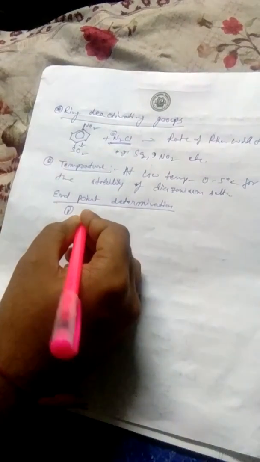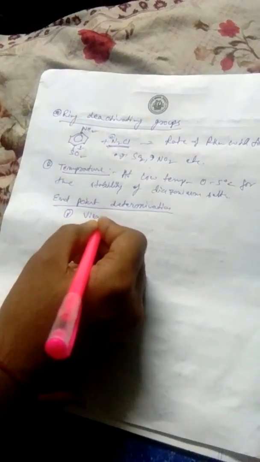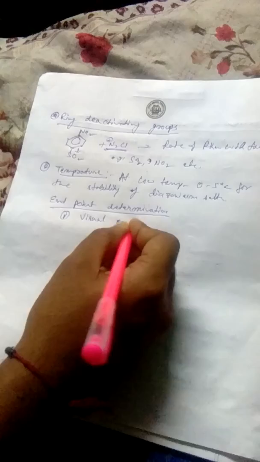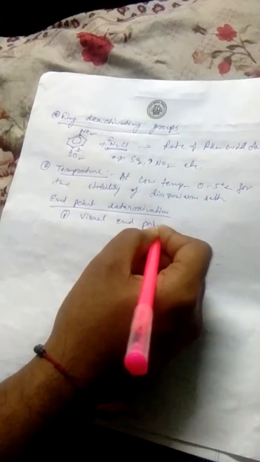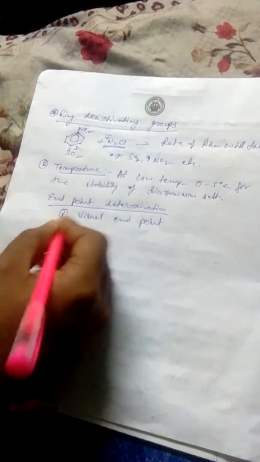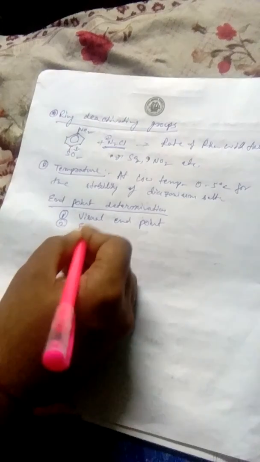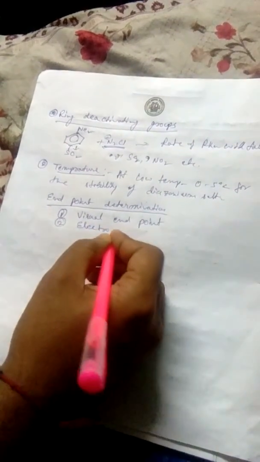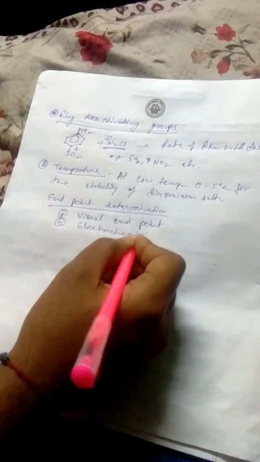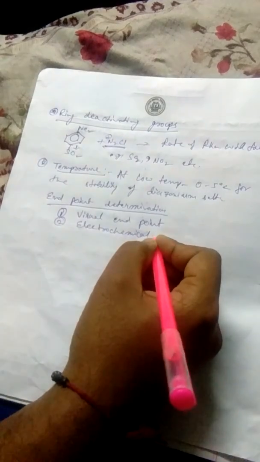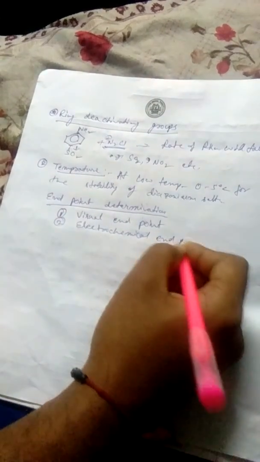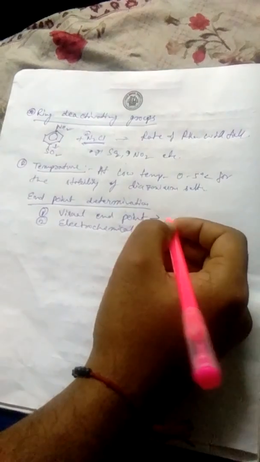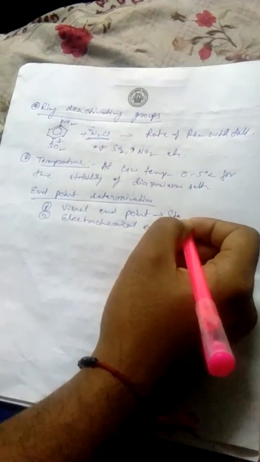The first one is the visual end point, and the second one is the electrochemical end point. Visual end point, we have already known about this.